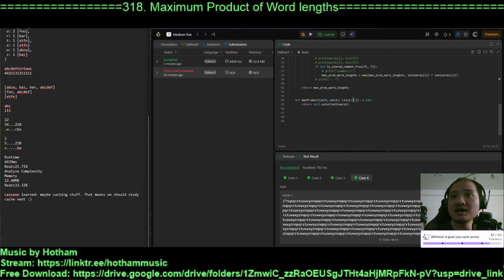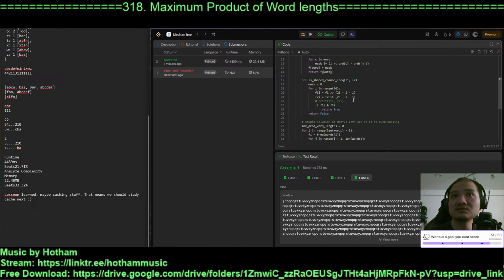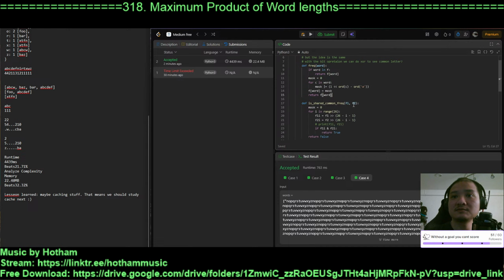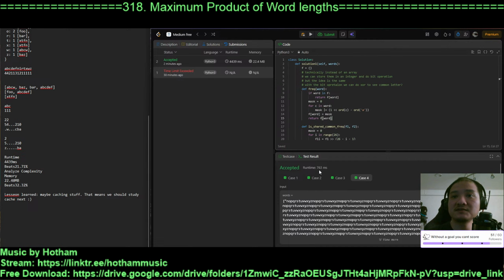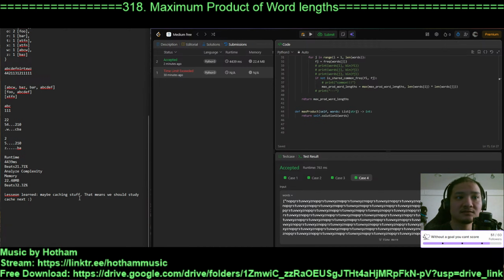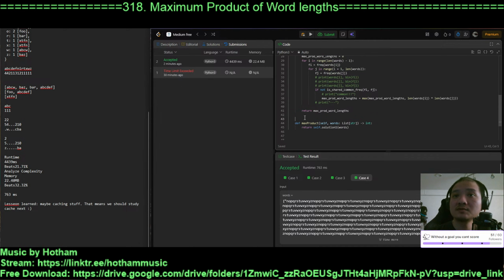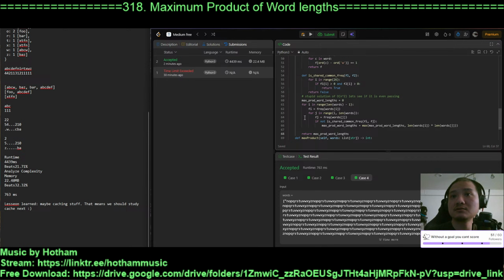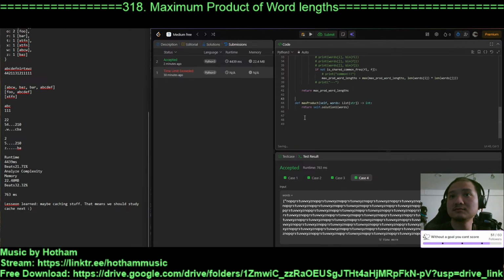And the bit math just improves the stuff a little bit. 763, okay, 763, remember that. It'll be 763 milliseconds. Oh, what is it? Solution 2.